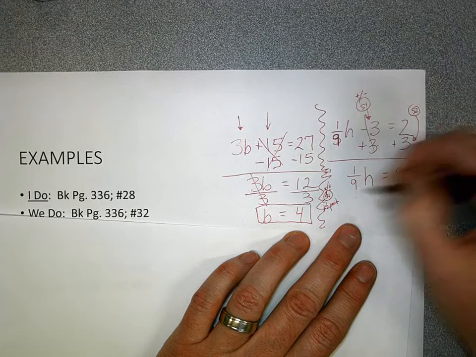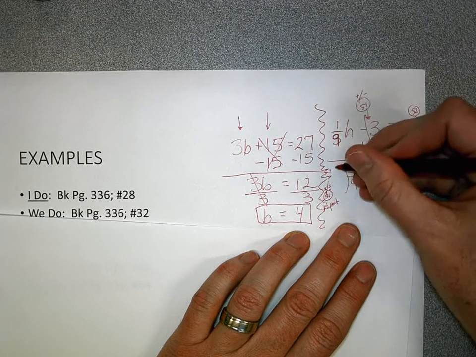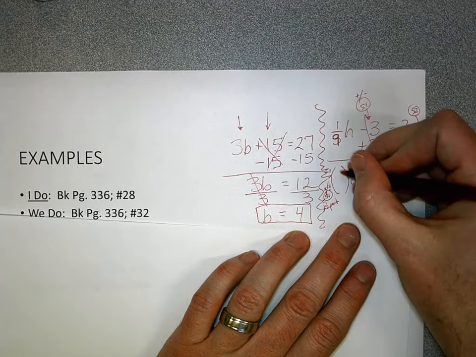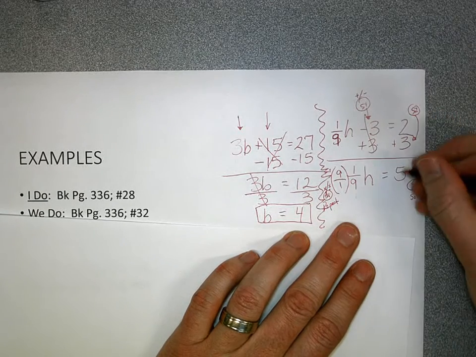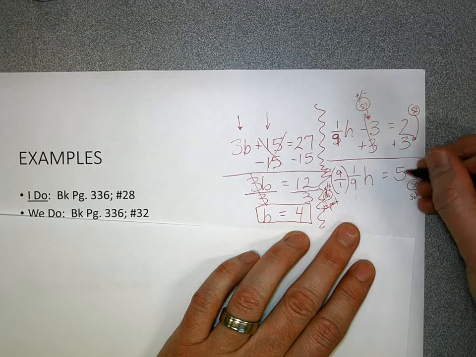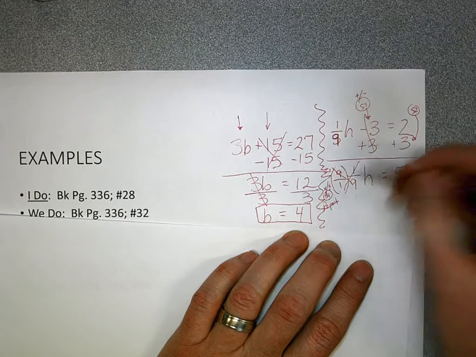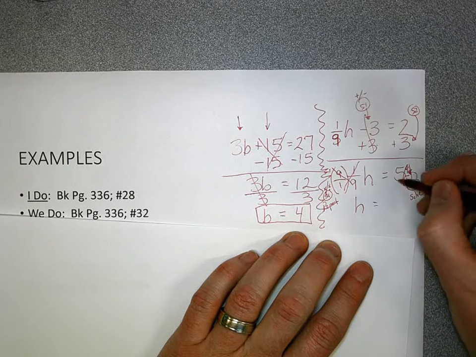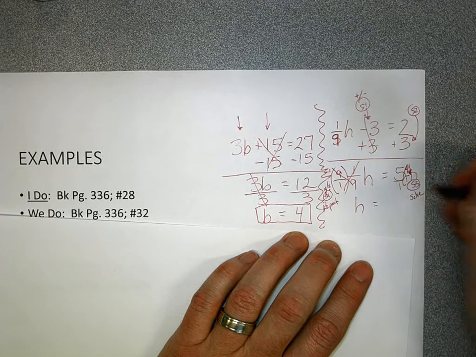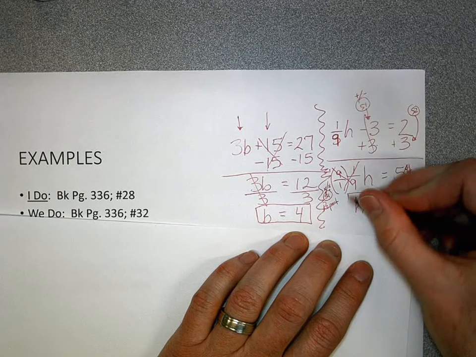So instead of dividing each side by 1/9, we multiply by its reciprocal. Instead of 1/9, we multiply by 9/1. If we do that to the other side, those cancel out. We have h left over equals 5 times 9/1, or 45/1, or just 45.